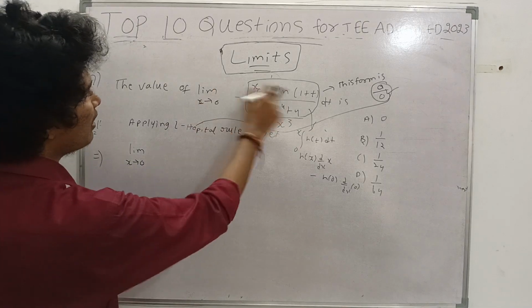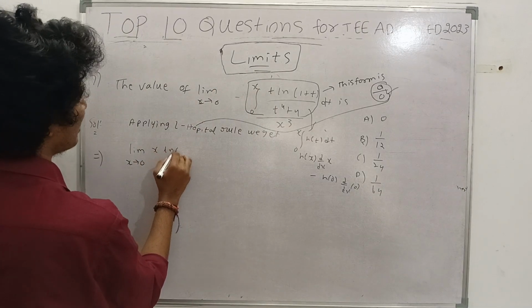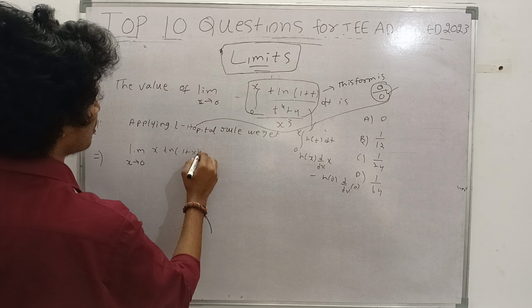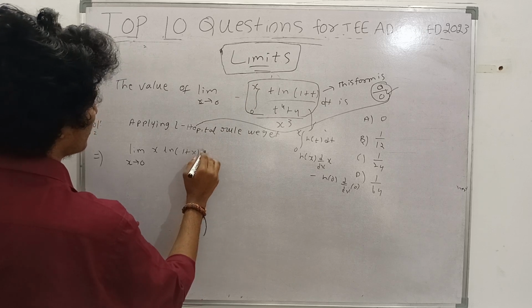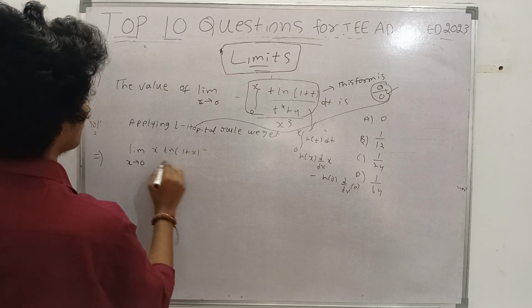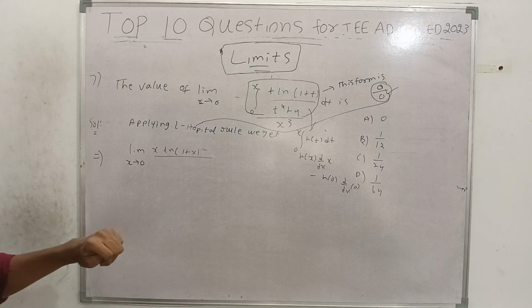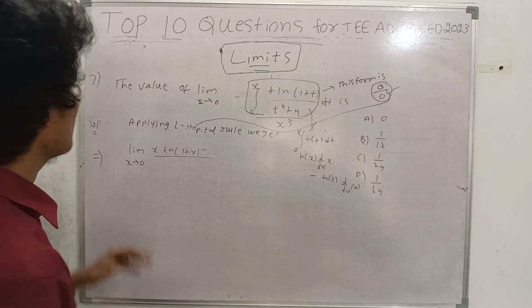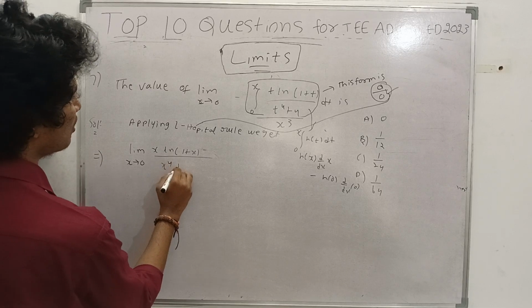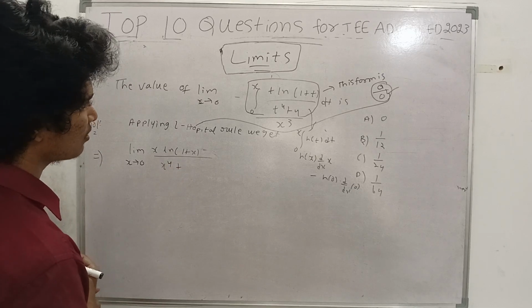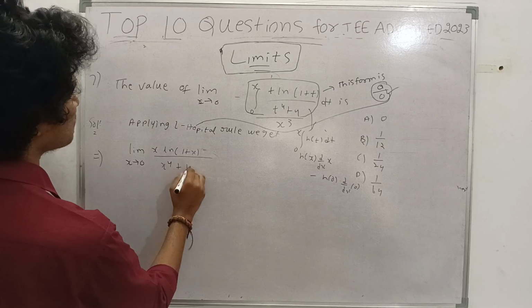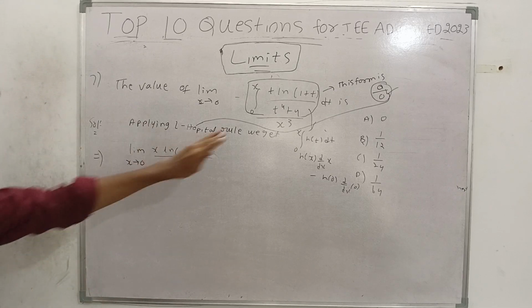Limit x tending to 0. Here it will be x into ln of 1 plus x, and the differentiation of x is 1, into 1. So it will be 1 divided by, here it will be x power 4 plus 4, and after it will be 0.